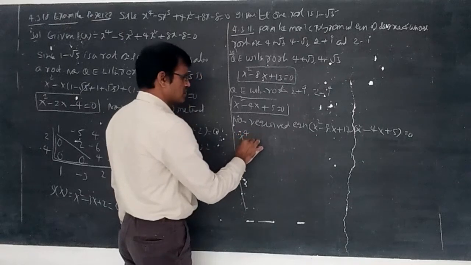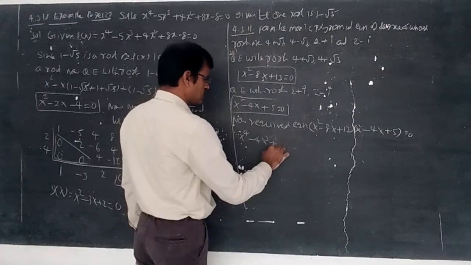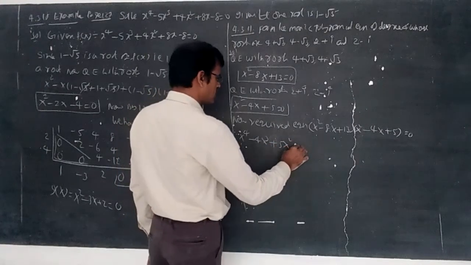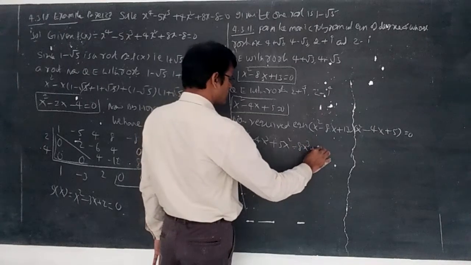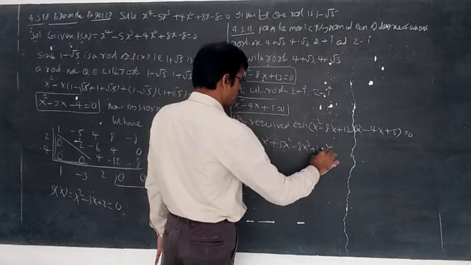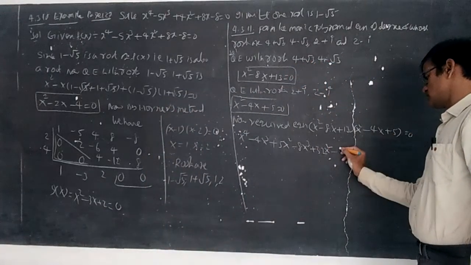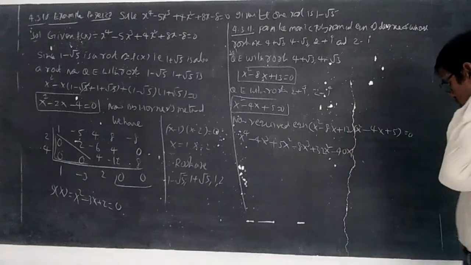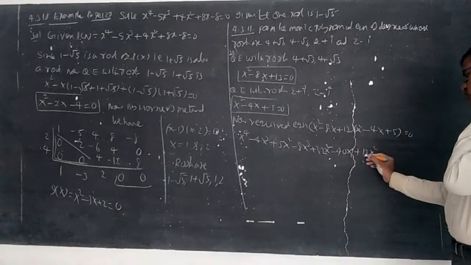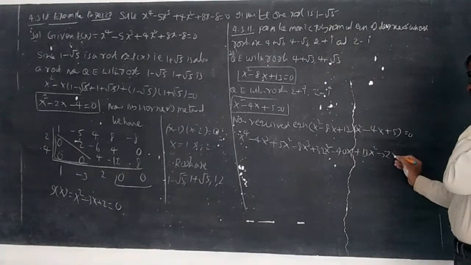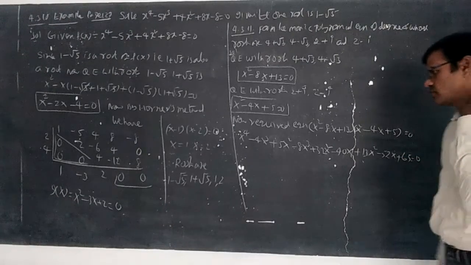Now multiply: x power 4 minus 4x cube plus 5x square. Multiply with each term: minus 8x cube, plus 32x square, then minus 40x. Next multiply by 13: 13x square minus 52x plus 65 equal to 0.